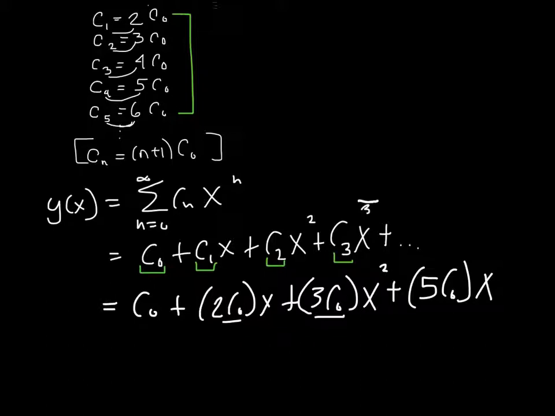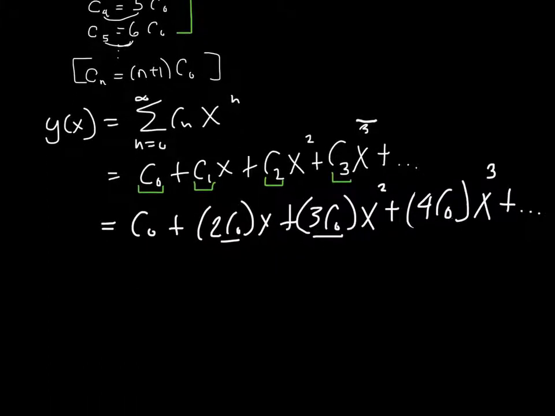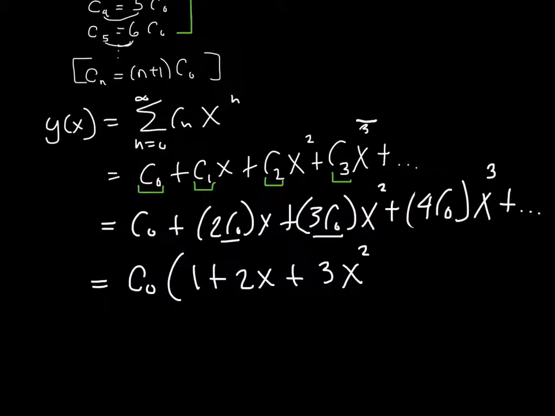Oops, I skipped one. So 4C naught x cubed plus, dot, dot, dot. And notice we have a C naught here, so we can factor that out. And we're left with 1 plus 2x plus 3x squared plus 4x cubed plus dot, dot, dot.